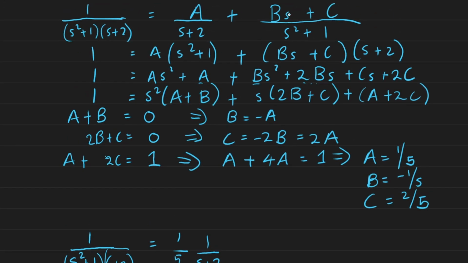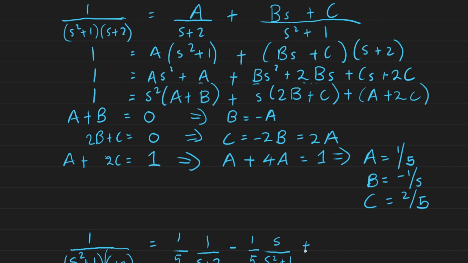So we had bs plus c, so this b was minus 1 over 5, so we have minus 1 over 5. And we can divide each term, bs over s squared plus 1, so that will give us s over s squared plus 1, and then we have plus c over s squared plus 1.